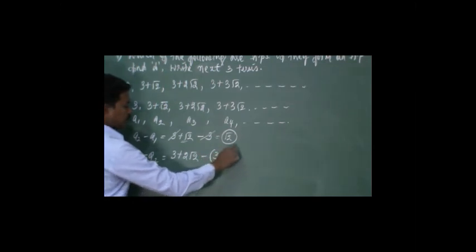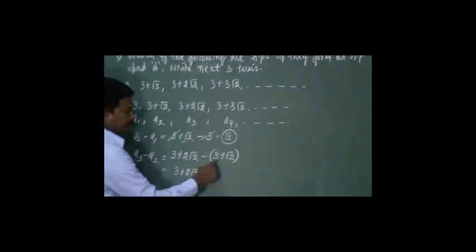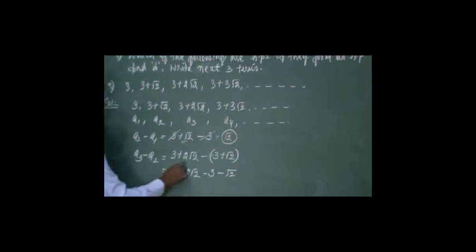So this is the method. So 3 plus 2 root 2, multiply the terms in the binomial by the minus sign. That is, it's understood that we have 1 here. So minus 1 into that, multiply. So minus 1 into plus 3 is minus 3. Minus into plus is minus, that is root 2. So here plus 3 and minus 3 cancel. We are left with 2 root 2 minus root 2.